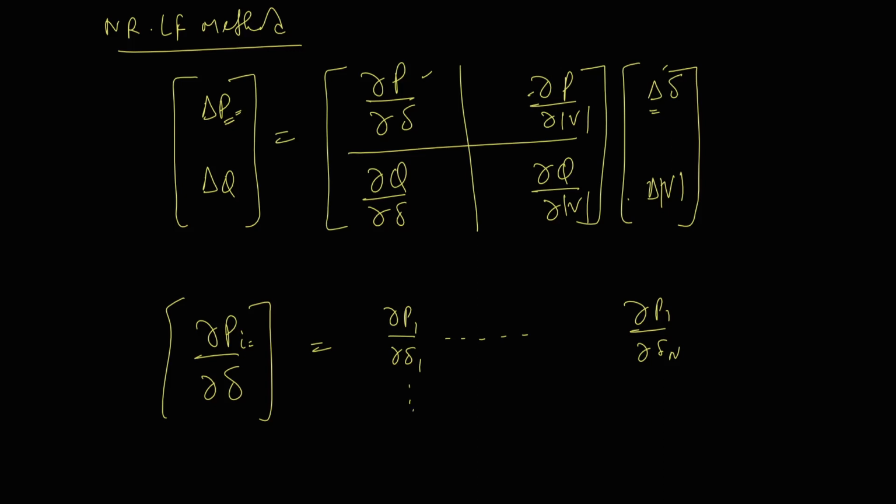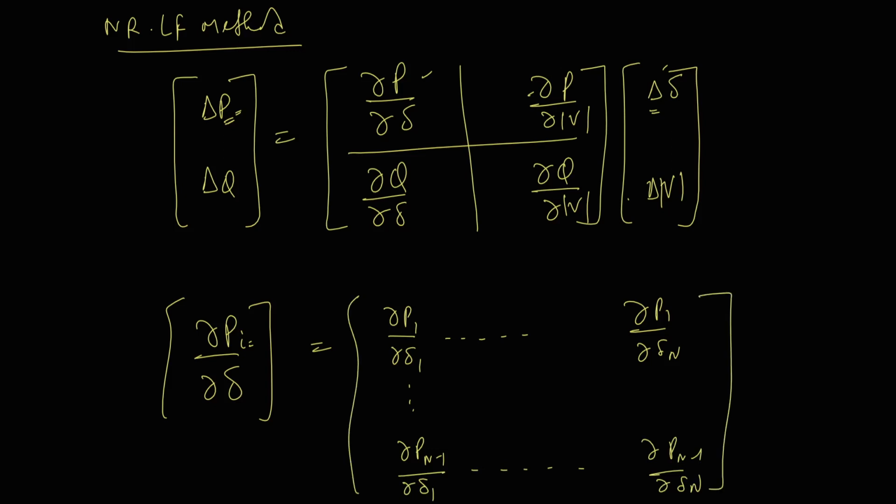Similarly, dou p n minus 1 by dou delta 1 to dou p n minus 1 by dou delta n. Now this is one submatrix, this particular submatrix, right?